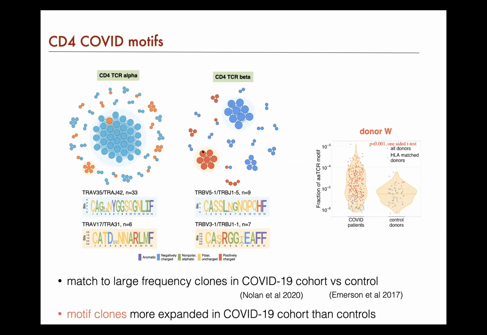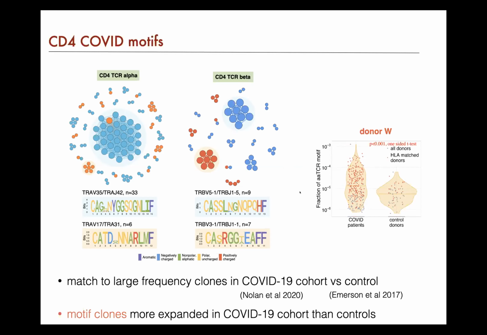And now I'm going to talk about donor W just for fairness, but similar results hold for donor M, of course with different HLA types. We're going to focus on this large cluster identified in donor W, and we're going to match it to large frequency clones in the COVID cohort and the control.